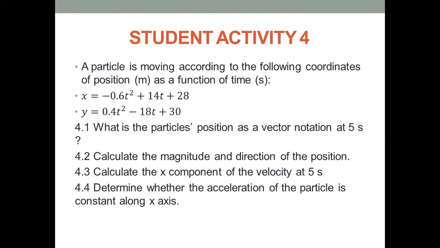The first question: what is the particle's position in vector notation at 5 seconds? 4.2, calculate the magnitude and direction of the position. 4.3, calculate the x component of the velocity at 5 seconds. 4.4, determine whether the acceleration of the particle is constant along the x-axis. Please do that by yourself.